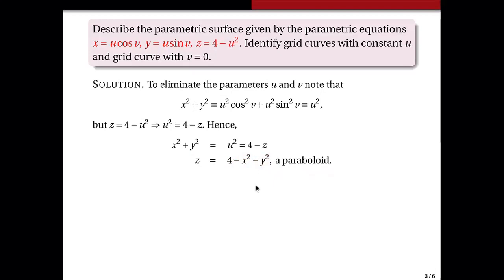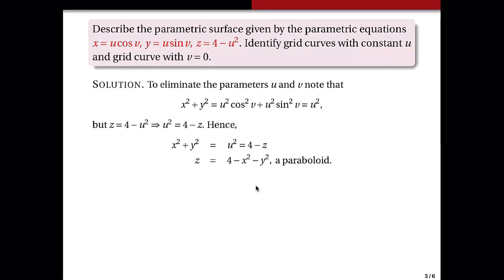From your Cal 2, you can sketch this paraboloid. But let us look at the grid curves. Take note that with constant u, u is fixed, and then z will be equal to 4 minus that fixed u squared.